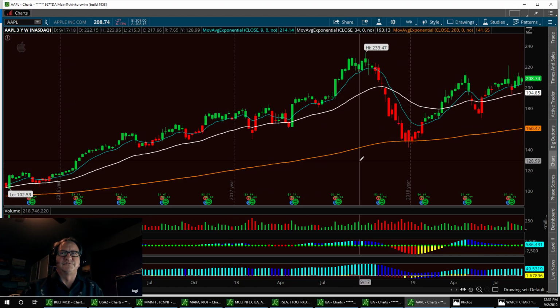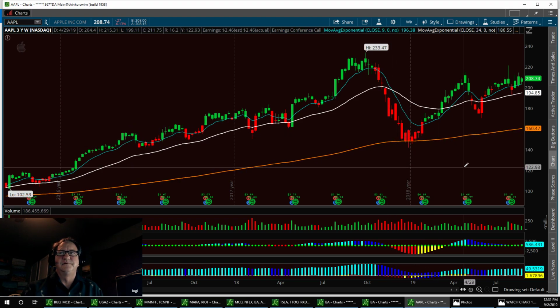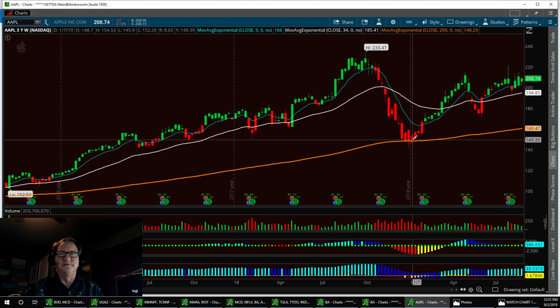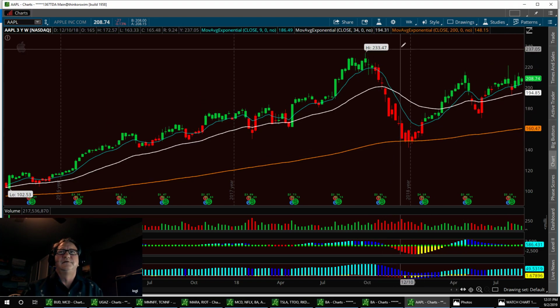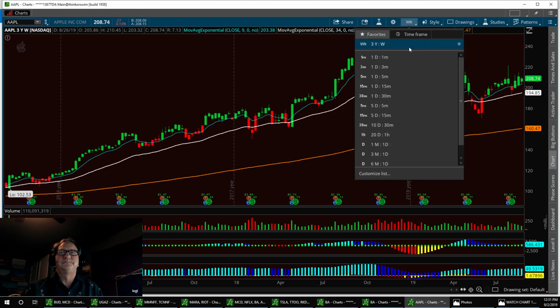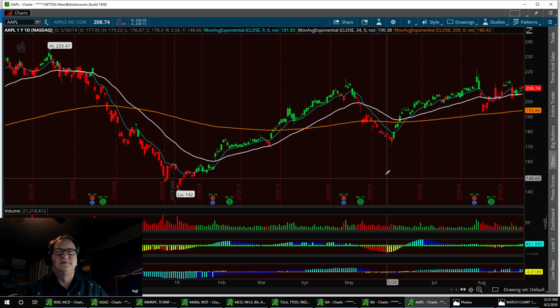But this was finding the support level. It was pausing. It was consolidating. And once it hit that 200, it said, okay, we've had enough here. We decided to go ahead and turn back around. That's on 3-year weekly. So we're going to pull up the yearly. I'm going to draw a little pivot point where I think support level is.